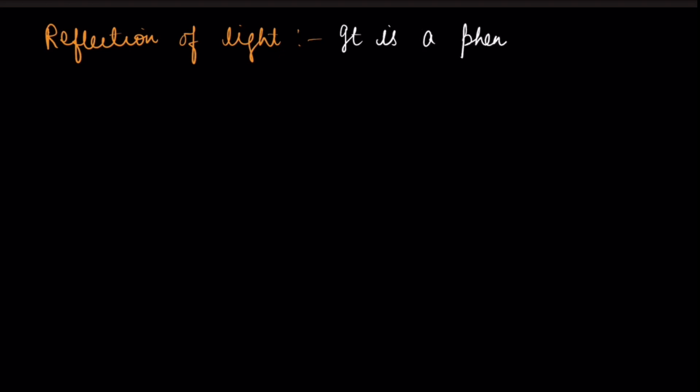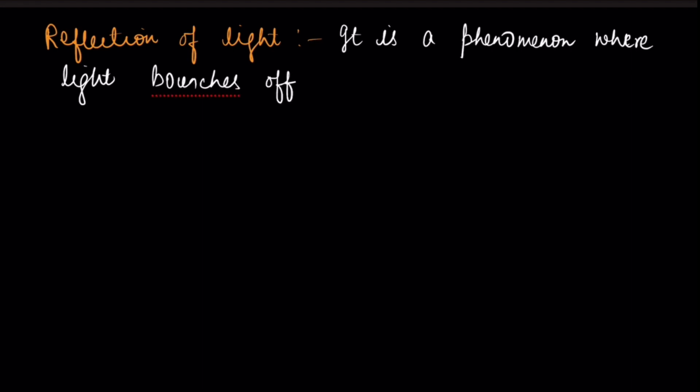How can we define the term reflection of light? Reflection of light is a phenomenon where light bounces off a surface and changes direction.